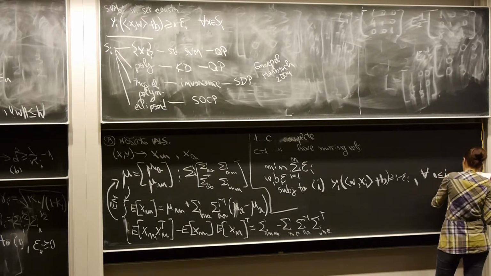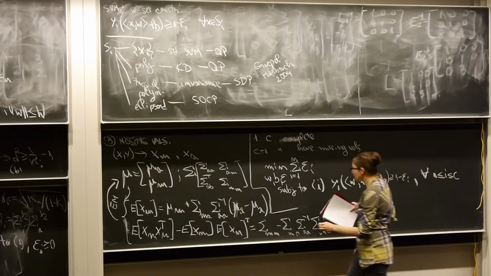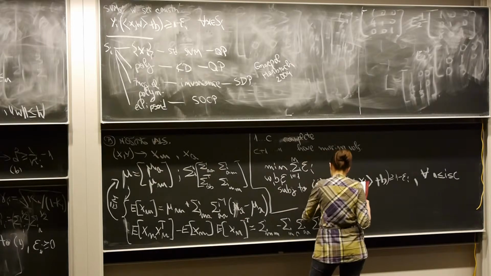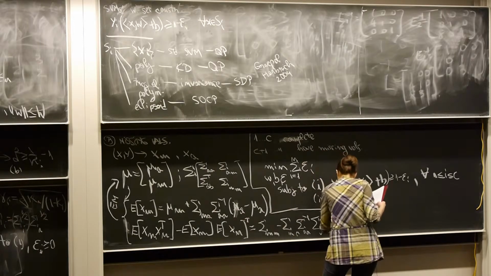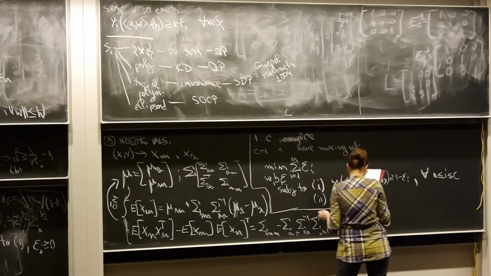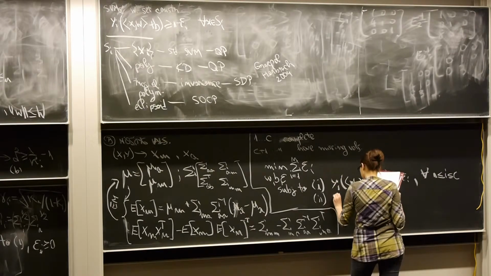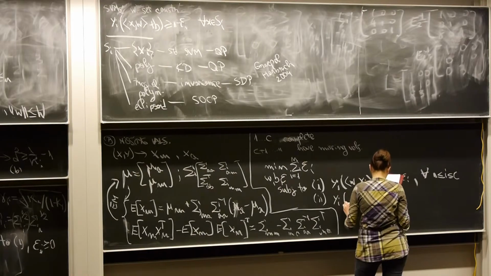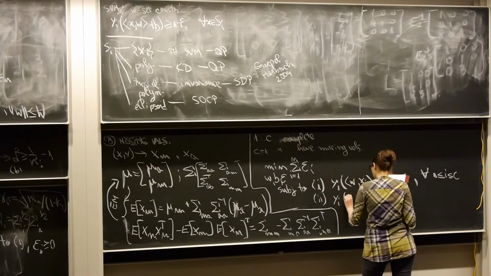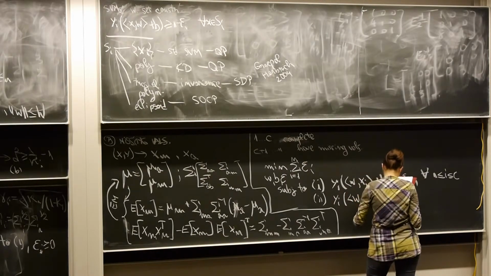Okay, for our missing values, we'll just have the uncertainty constraint.